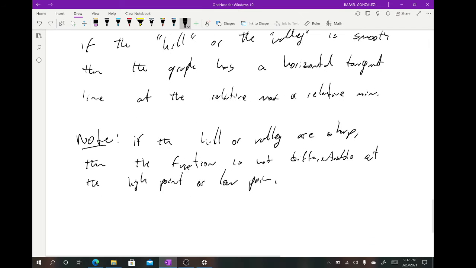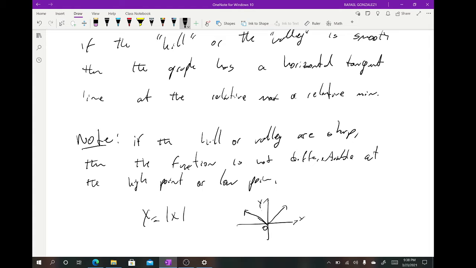So, for example, in the case of y equals absolute value of x, we saw this a while back. This function, although it's continuous, is not differentiable at the origin because it has a sharp turn. So this will not be differentiable at 0.